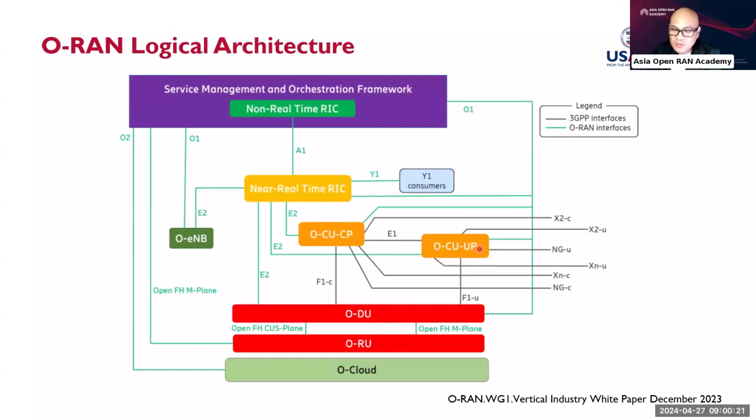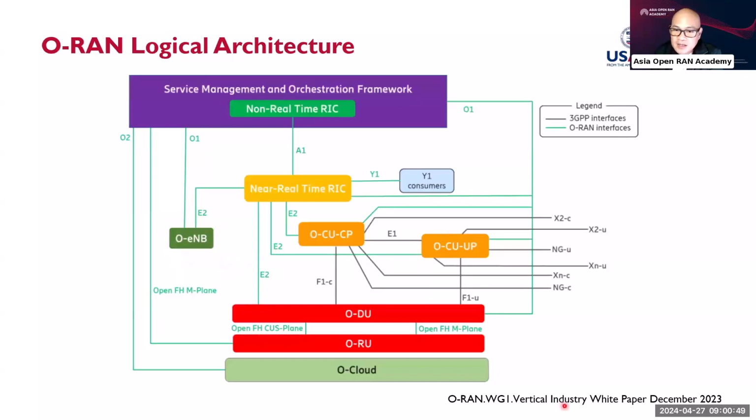So when 5G came in and the functional split was introduced, we split the baseband unit functionality into the centralized unit and the distributed unit. And the RU is still there, which handles the radio functionality of the system. So this could be the 5G system. And if you have a 4G implementation, you have the O-eNodeB.